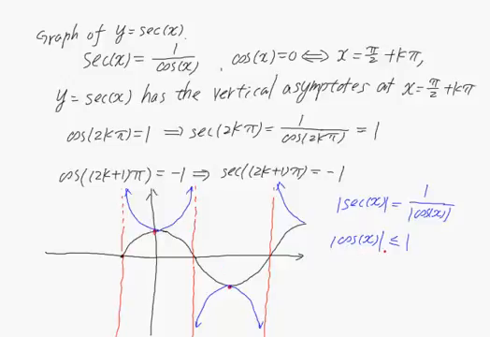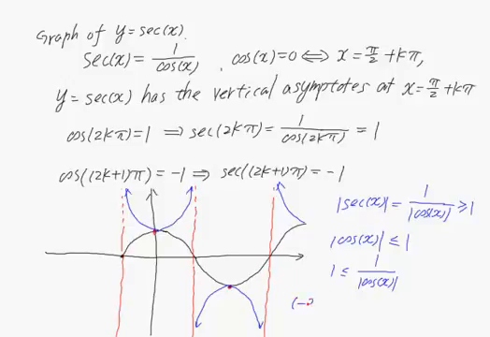So now, from this inequality, you divide both sides by the absolute value of cosine x, then you get 1 less than or equal to 1 over the absolute value of cosine x, right? So that means this is always greater than or equal to 1. So from here, you know the range of the secant function must be the union of these two intervals.